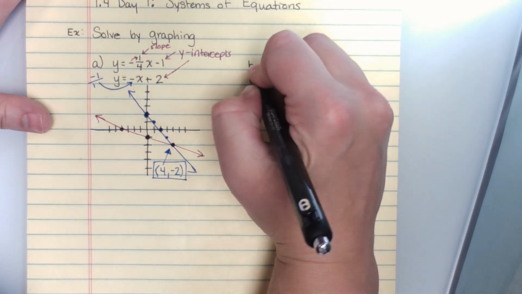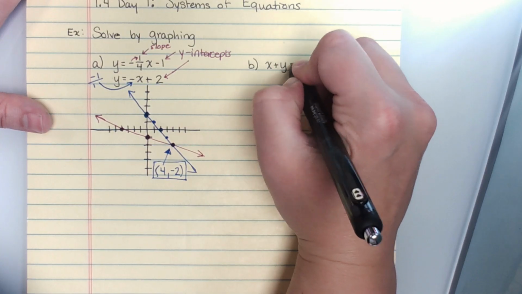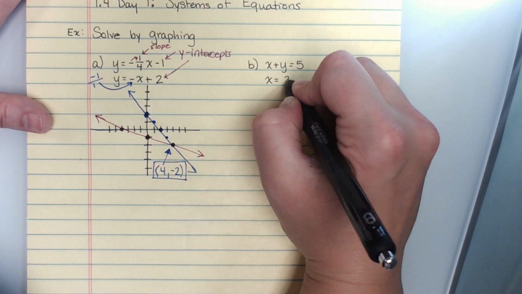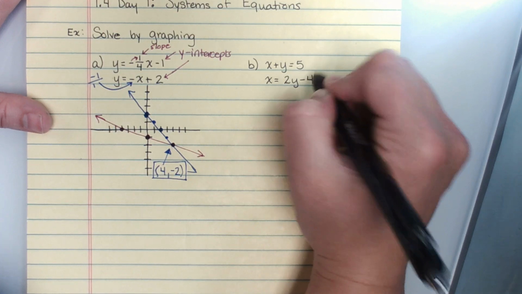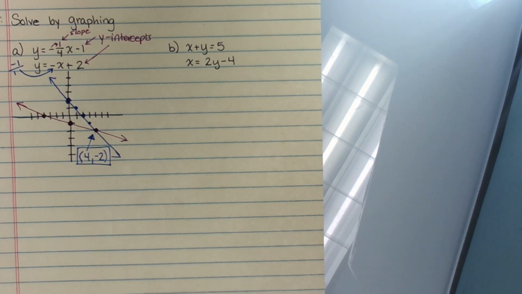We're going to do one more by graphing, and then we're going to switch it up. x plus y equals 5, x equals 2y minus 4.